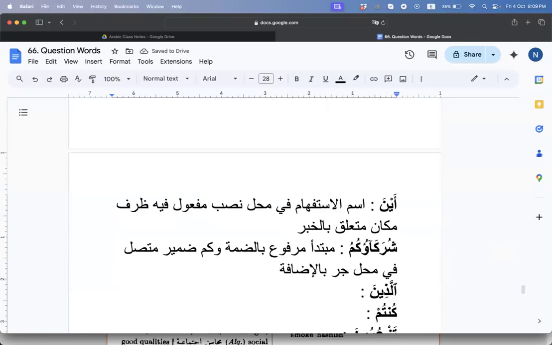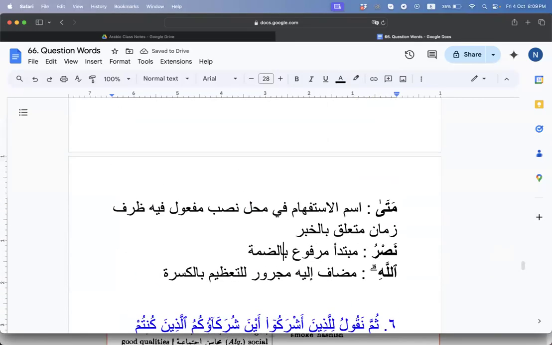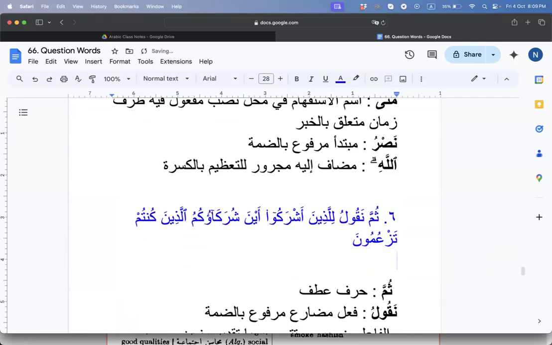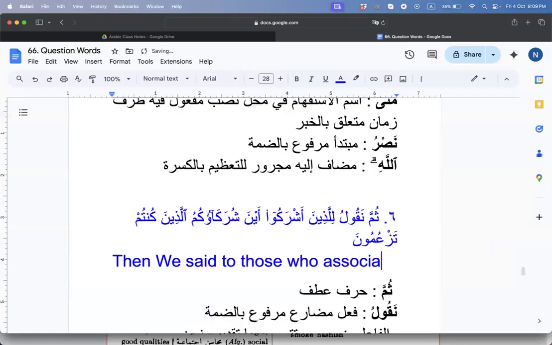Alladhina isim mausul. What is it doing here? Maybe this translation will help you. Thumma naqul, then we said to those who ashraku, associate.